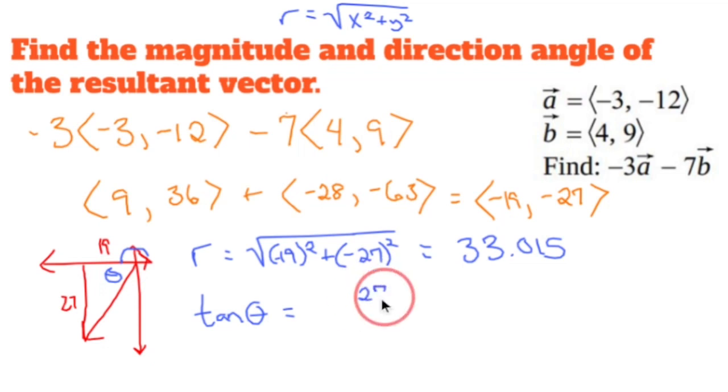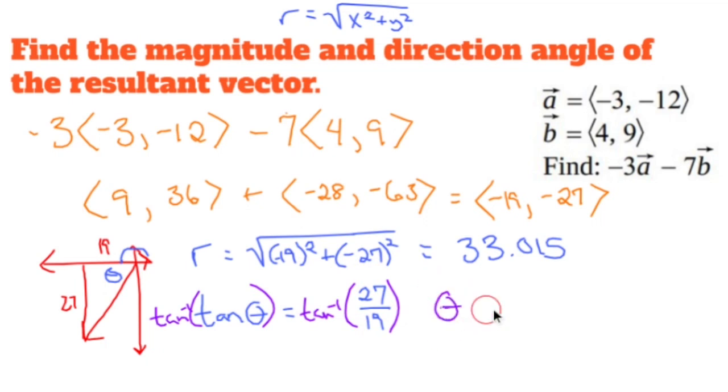So 27 over 19. In order to get theta all by itself, we're going to inverse tan, which means you stay in the shadows. Get it? And that gives me a theta of 54.865. Did that in my head too.